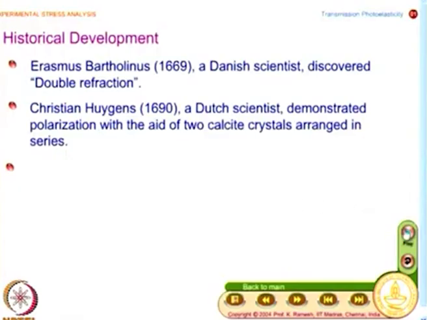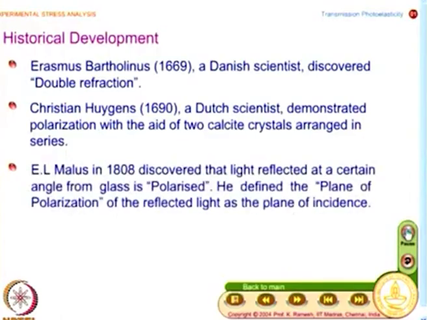Then what you have? Then you have Malus in 1808, who observed that light reflected at a certain angle from glass is polarized, and he defined the plane of polarization of the reflected light as the plane of incidence.